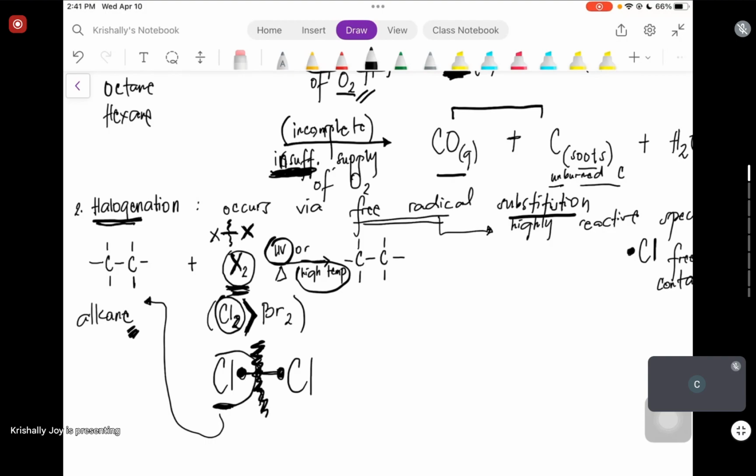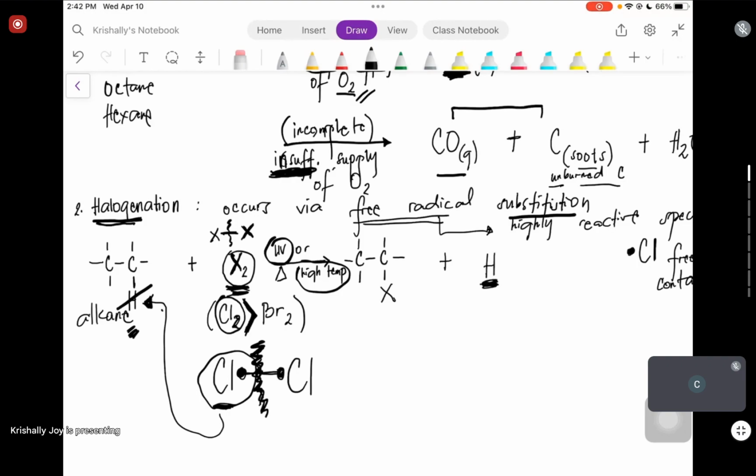So this free radical will simply be substituted to one of the hydrogens in the alkane. For example, this is the hydrogen attached to the terminal carbon of the alkane. That will simply be substituted with a halogen. Okay, you substitute the halogen. Where will that hydrogen go? It will form a byproduct.